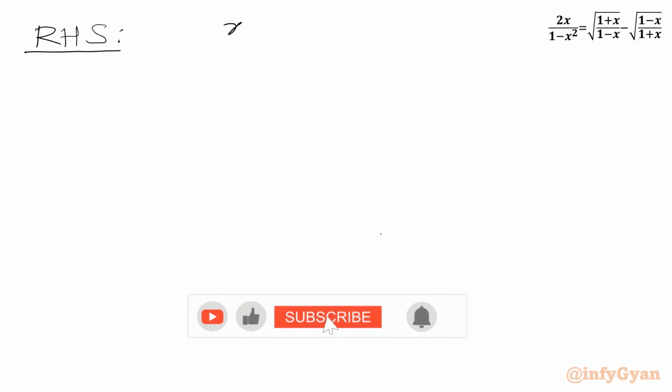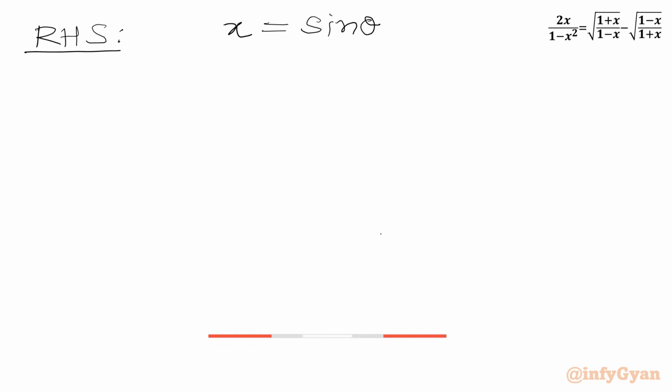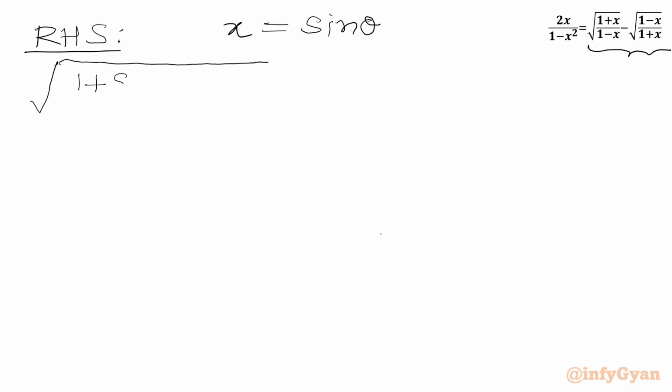Now we will find the RHS. Our substitution is x equal to sine theta. So I will find the square root of 1 plus sine theta over 1 minus sine theta, since the numerator is 1 plus x and the denominator is 1 minus x.